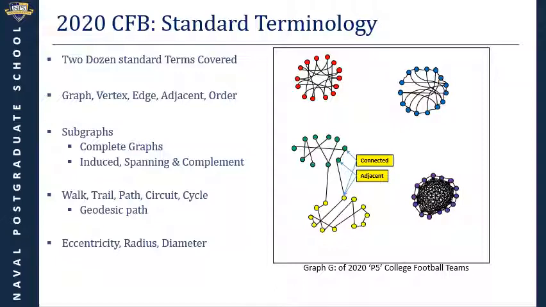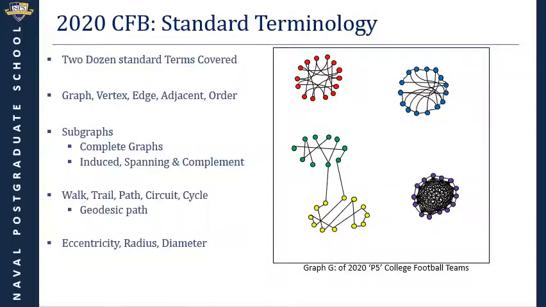Evaluating the entire graph, we say that the order of the graph is the number of vertices, or the length of the set of vertices. Graph G is order 65 since there are 65 vertices on the graph, and the size of the graph is the number of edges. The size of graph G will dynamically grow by the number of games played each week.